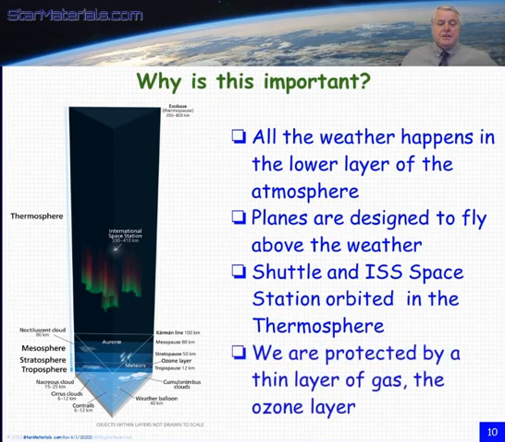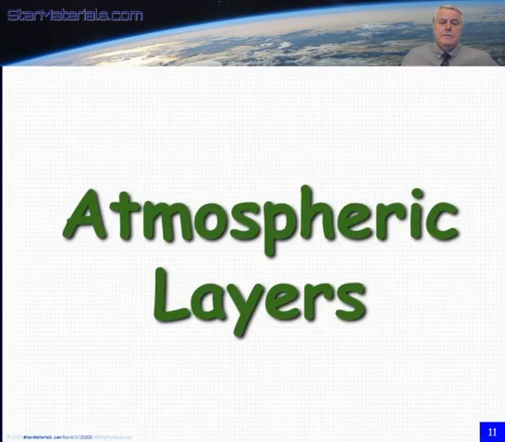And we are protected by a thin layer of gas, the ozone layer. Knowing about all this gives us more insight as to how the planet works and how we can make it safe. There's your lesson on atmospheric layers.